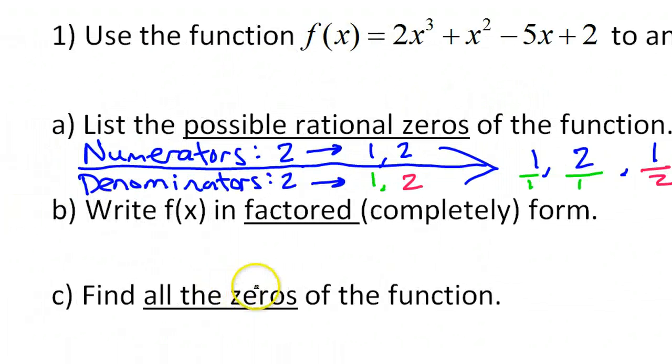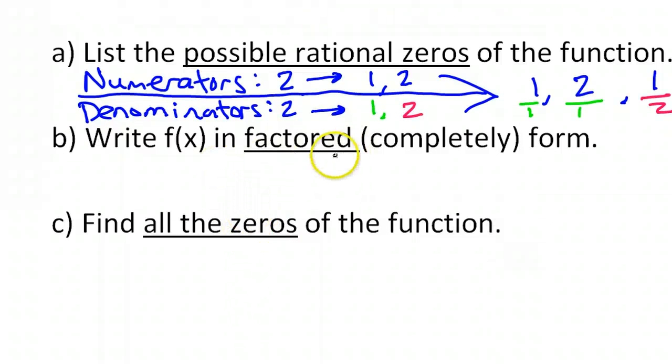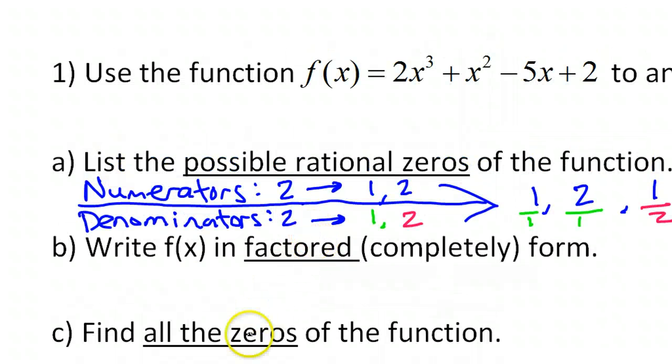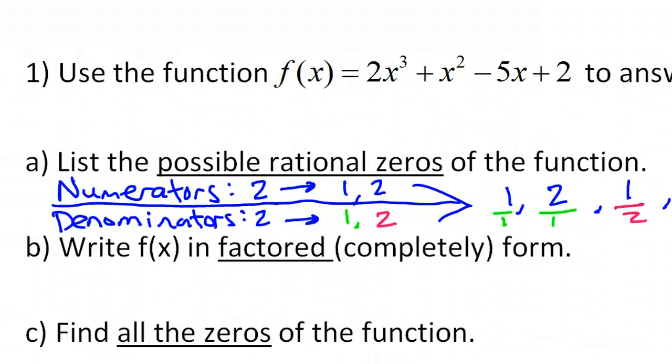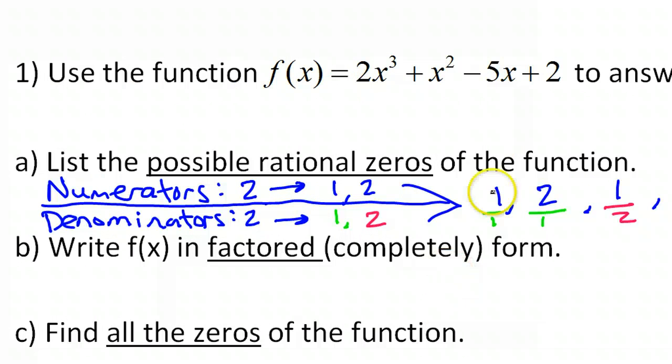Okay, now we're supposed to write the function in factored form, completely factored. But to do that, having the possible zeros is not good enough. We need to find some actual zeros. So what I would do if I were you, let's put this function into our calculator.